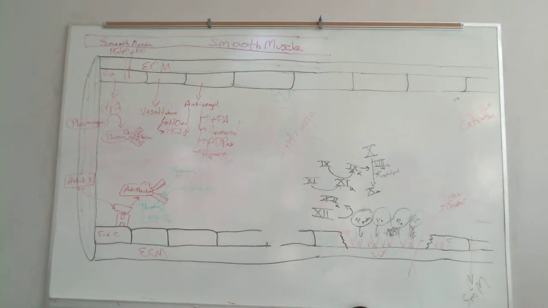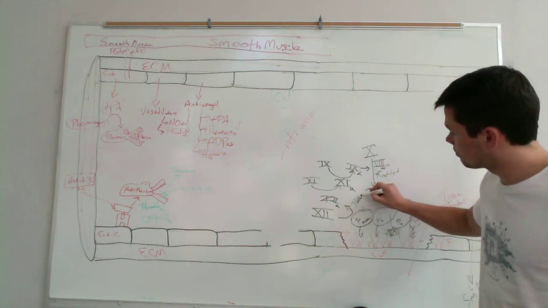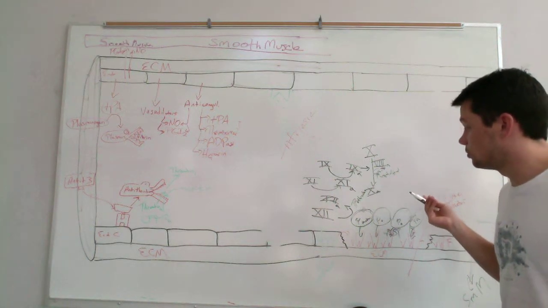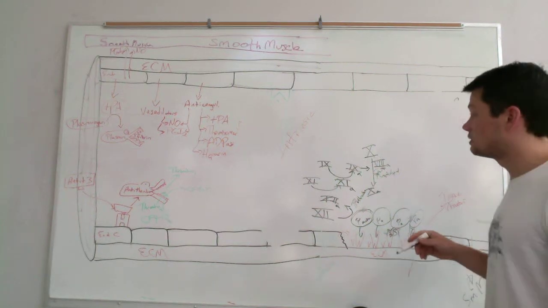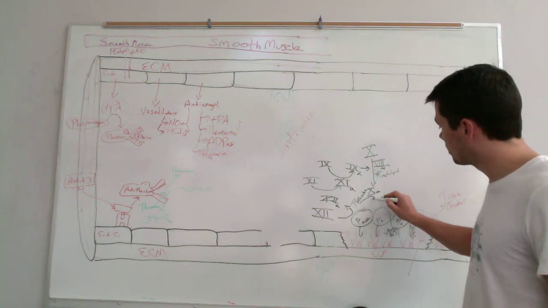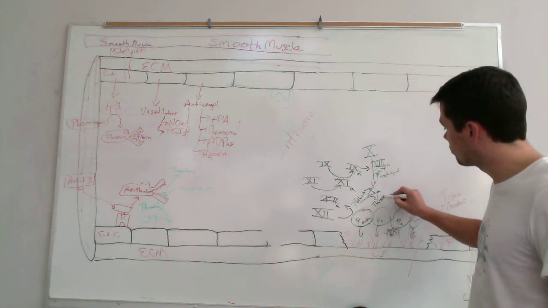So activated factor 10 then functions to take prothrombin, which is also called factor 2. I don't know why they would name it, and this seems to be very roundabout, but probably a discovery thing. So it turns prothrombin into thrombin, its active form.